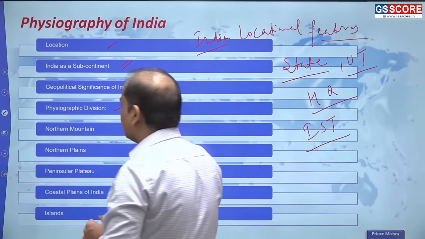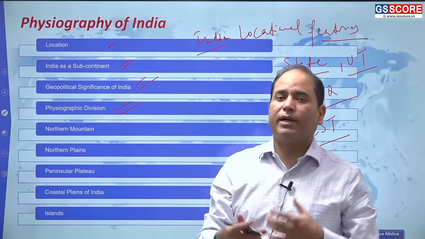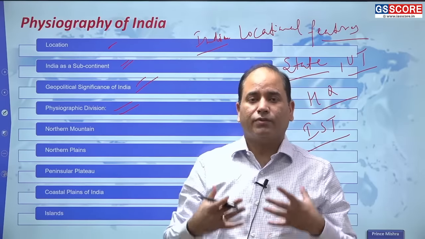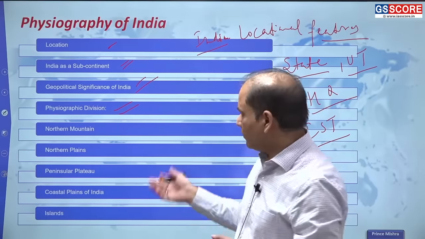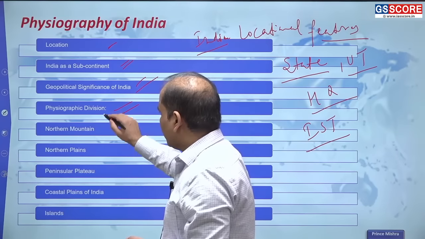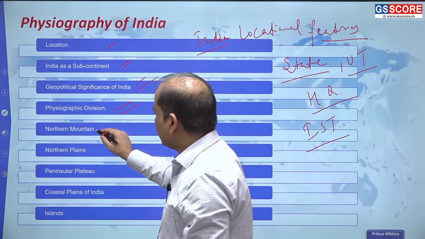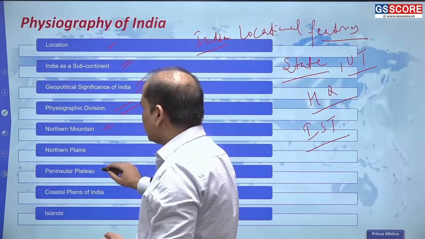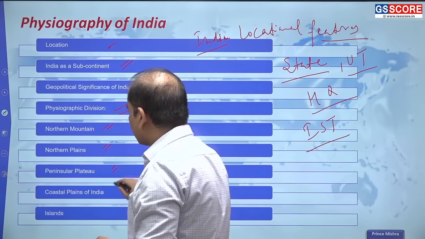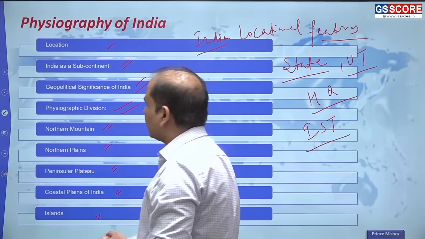Also the physiographic division. Physiographic division gives you some idea about the physical features of our country. In the physiographic divisions, we need to study the northern mountains, northern plains, peninsular plateau, coastal plains of India, and islands.